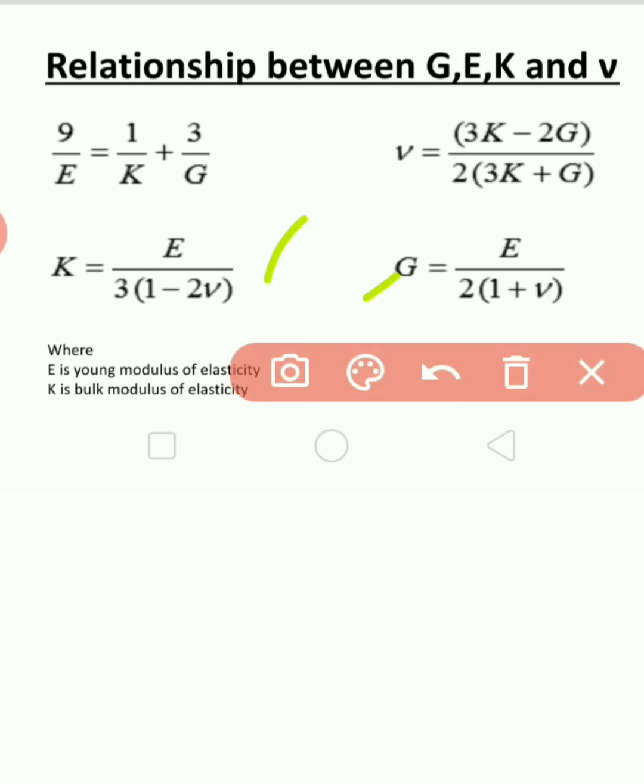And the fourth one is modulus of rigidity equals E upon 2 into 1 plus Poisson's ratio. For example, you will be given Young modulus and Poisson's ratio. With the help of these two values, you can easily find the value of G.